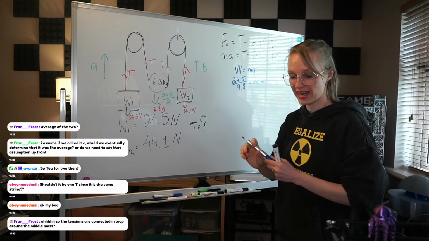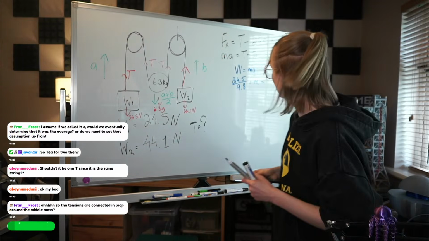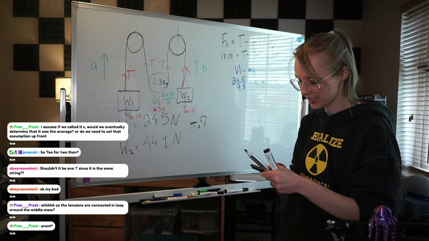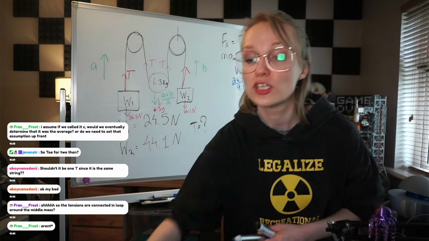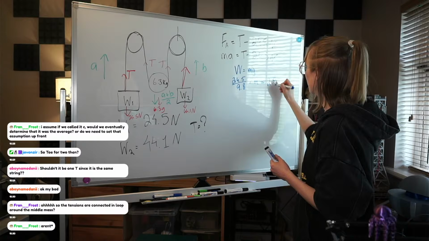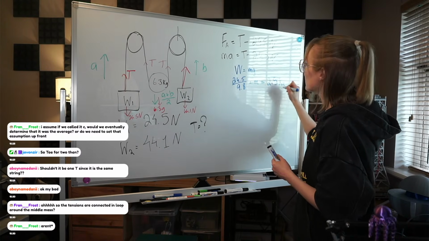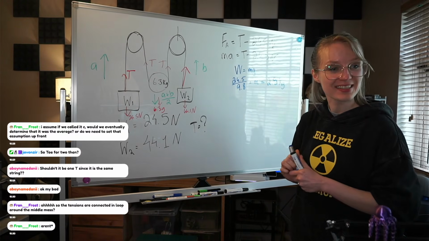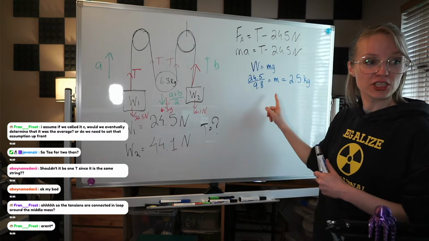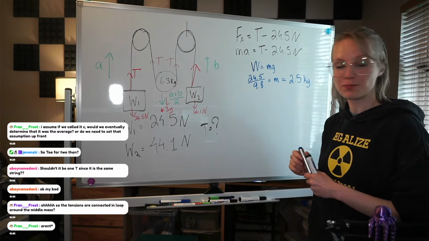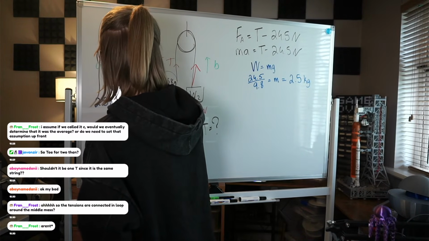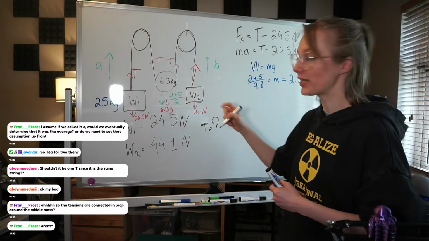So if you put that into your calculators, 24.5 divided by 9.8, we get an answer of 2.5. We actually know what the mass of this block is. This guy weighs 2.5 kilograms.